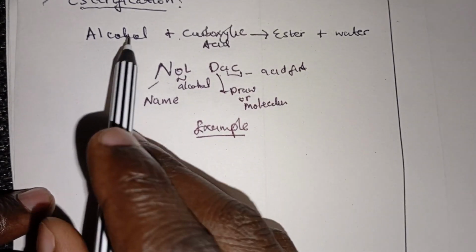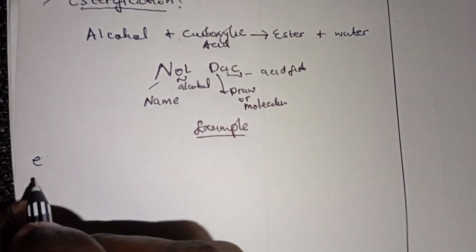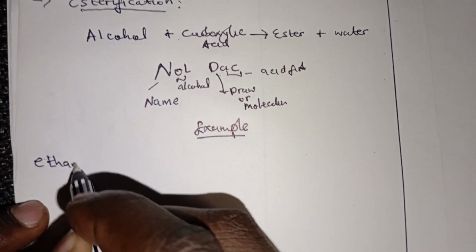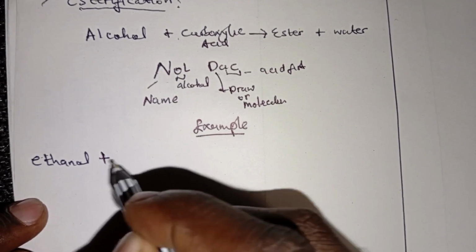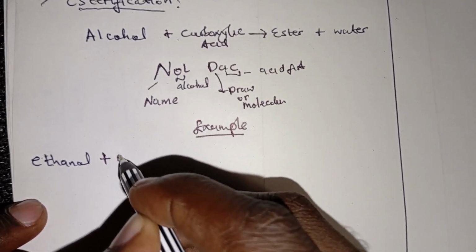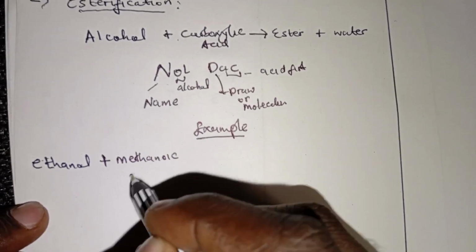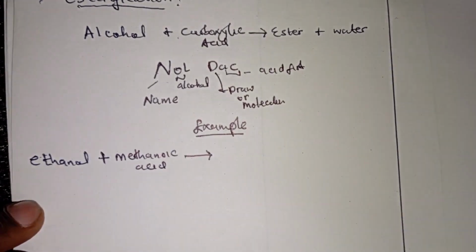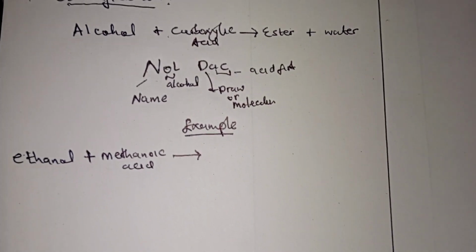In a case where you're reacting ethanol plus methanoic acid, let's leave it here. We'll finish with the rest after we've shown the structures.